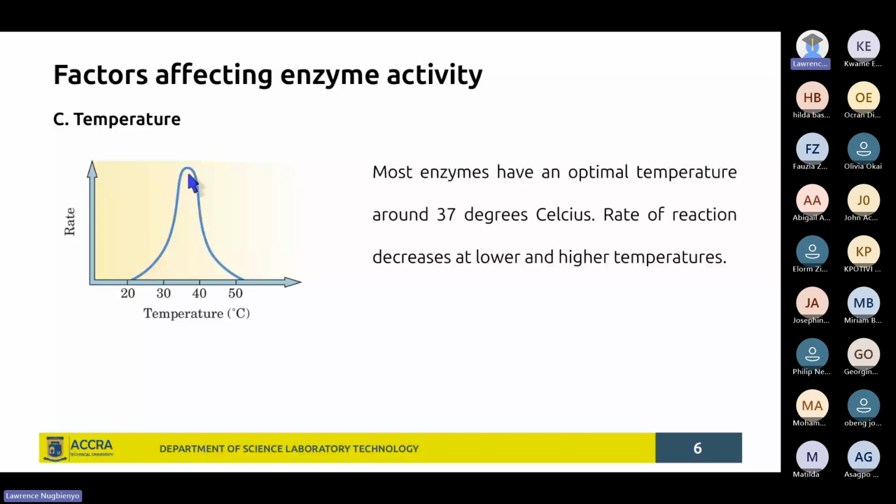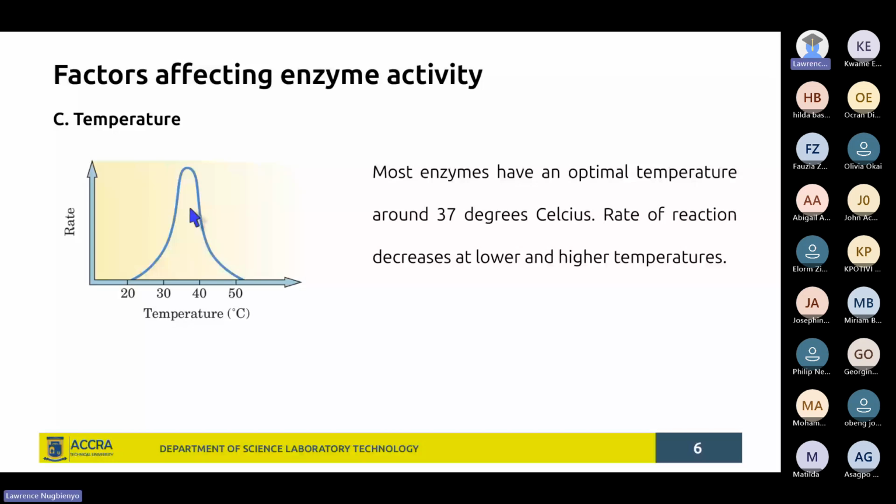Now, it is at this temperature that you have the enzymes in our bodies being optimally active. So you can see the highest rate of reaction is around that, 36, 37 degrees Celsius.